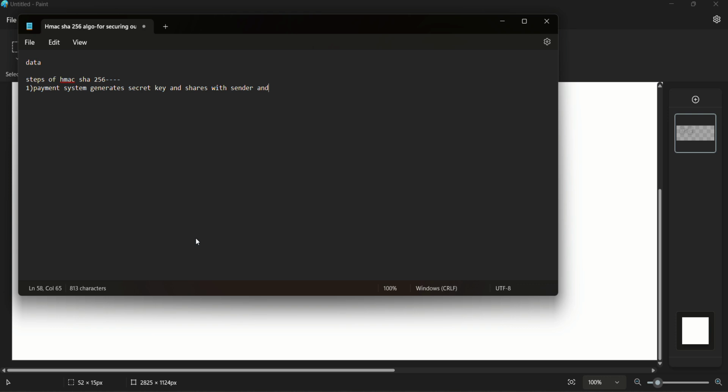So it can provide it to the sender with a lot of security measures and keep it itself. First step is this.